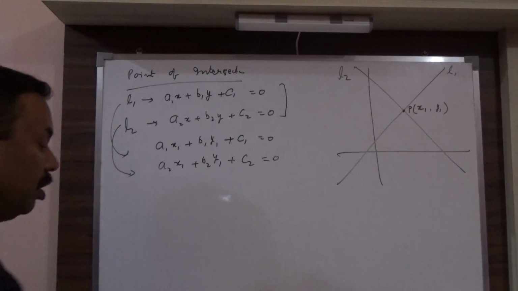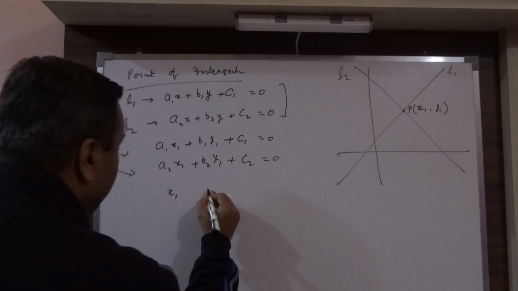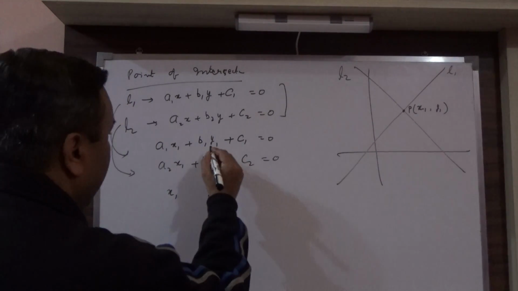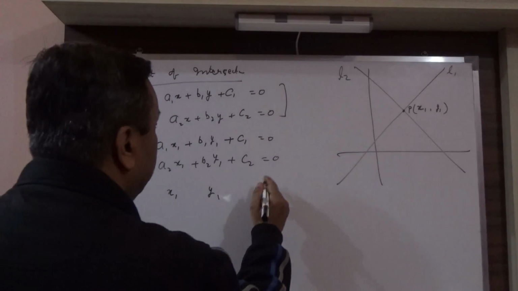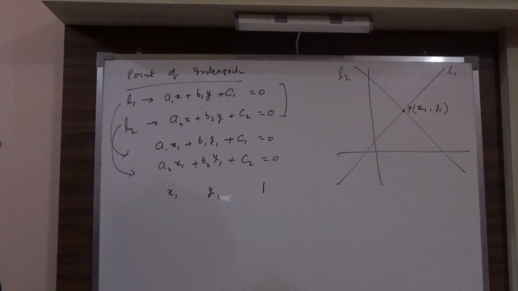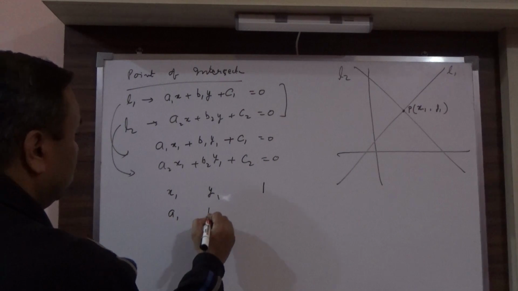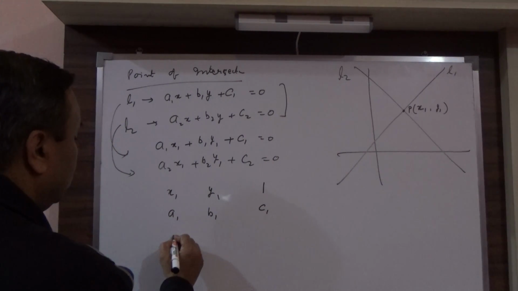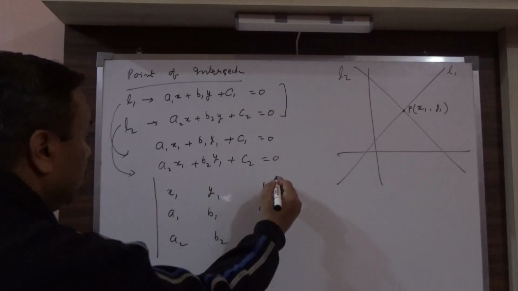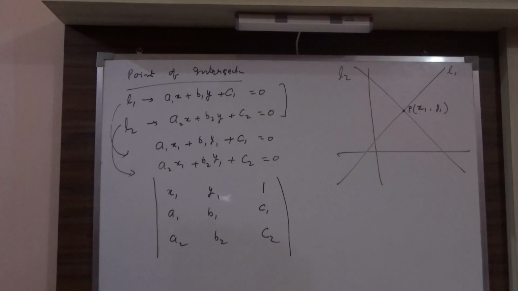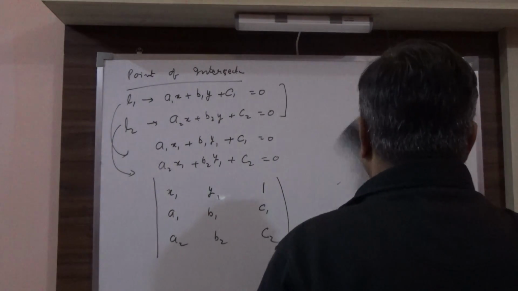In the determinant method, I will arrange them as x1, y1 and 1, then the constant terms a1, b1, c1, a2, b2, c2, as a determinant.